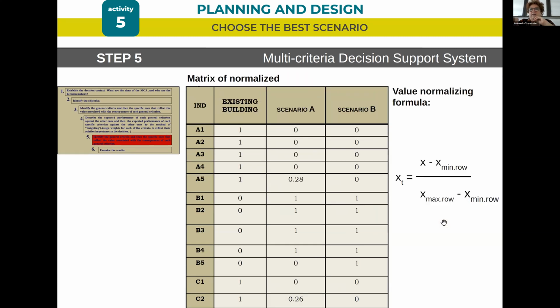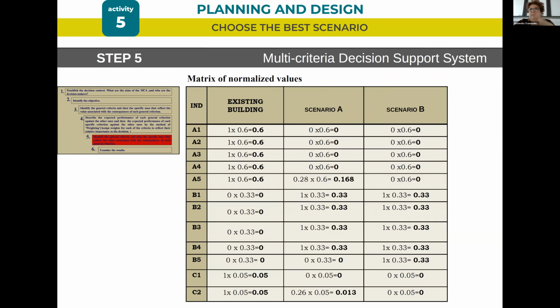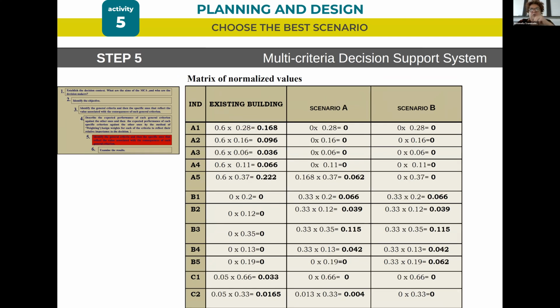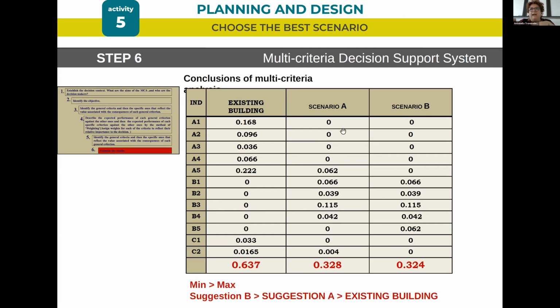In this way, with a mathematical tool, it's possible to point out some criticalities in the different scenarios. So it is a matrix of normalized values, and at the end to have a comparison, a quantitative comparison of the different criteria with a value, with an index.